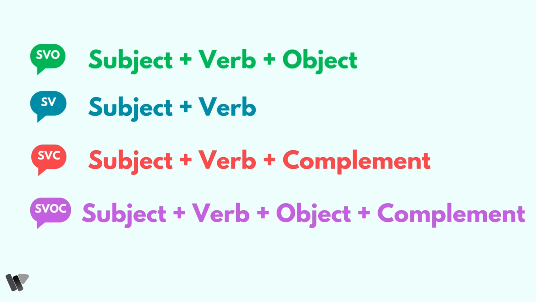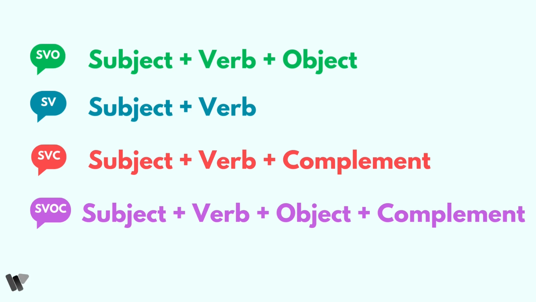The third is the SVC pattern, which is subject plus verb plus complement. The fourth is the SVOC pattern, which is subject verb object complement.